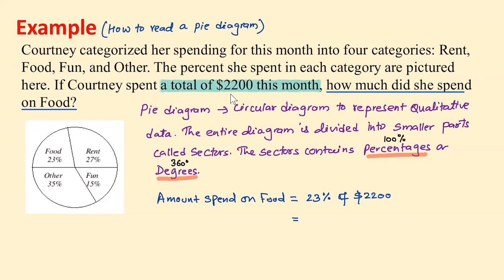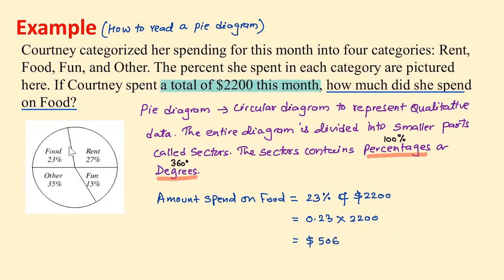So 23% of 22,000 is 0.23 multiplied by 22,000. And if we simplify that using calculator, 0.23 multiplied by 22,000 is 506. That means she spent $506 on food.